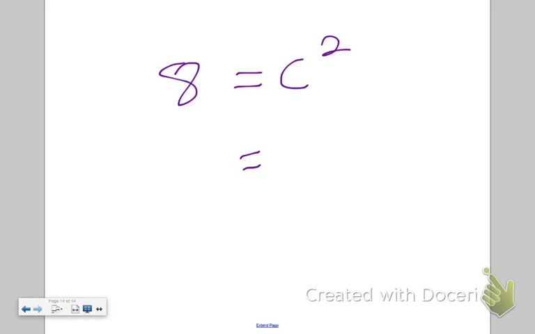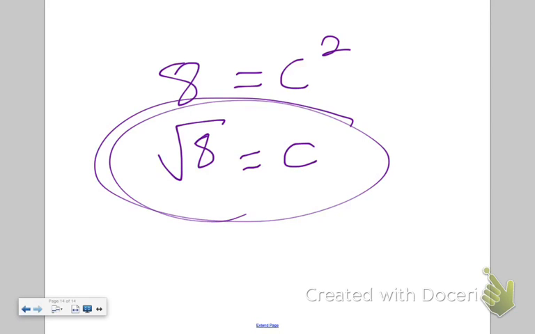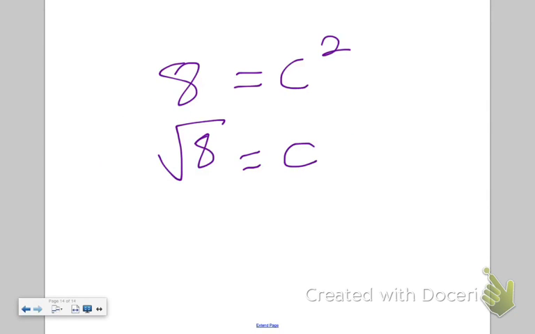The exact value of c, or the hypotenuse in that case, would be the square root of 8. So in some cases you'll be asked to find the exact value, in which you'll just leave the square root symbol, or you'll be asked to round. The square root of 8 rounded to the nearest tenth is approximately 2.8.